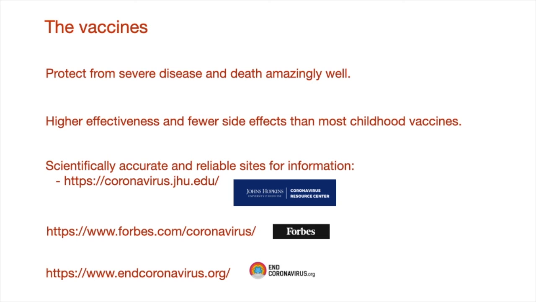Forbes magazine is considered to be extremely reliable and scientifically accurate, and they have compiled all of their information and stories about coronavirus on a single page. And then there's an organization supported by many universities and scientists, and the organization is called endcoronavirus.org.